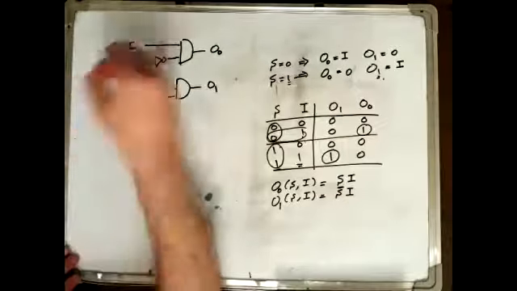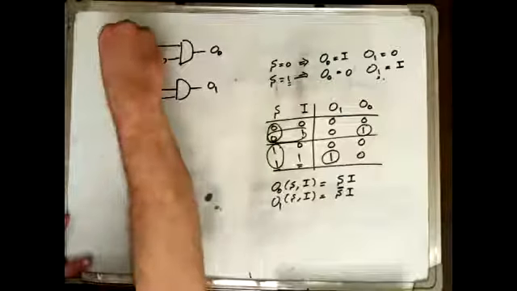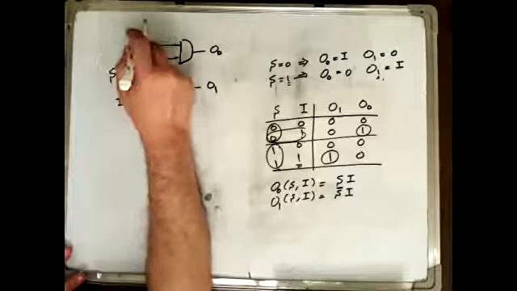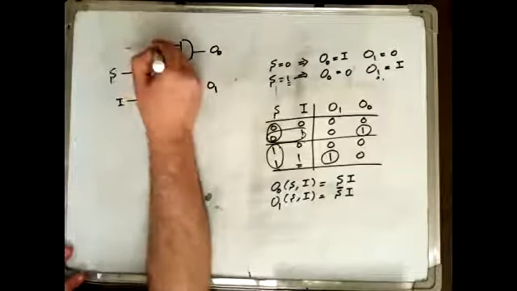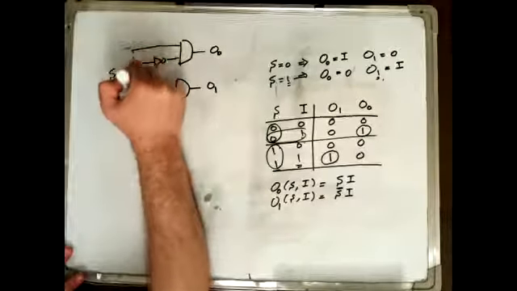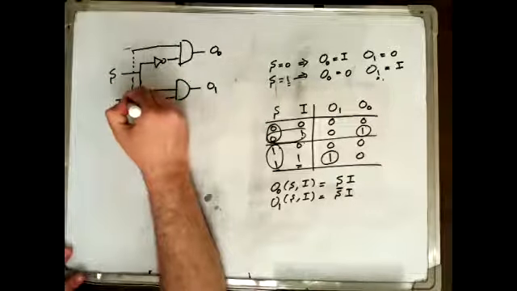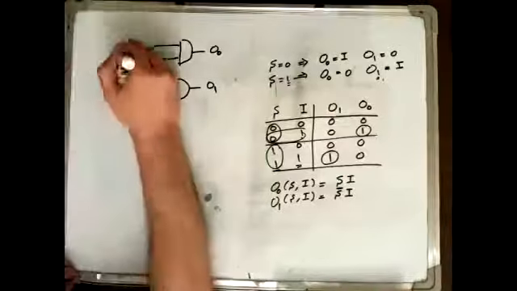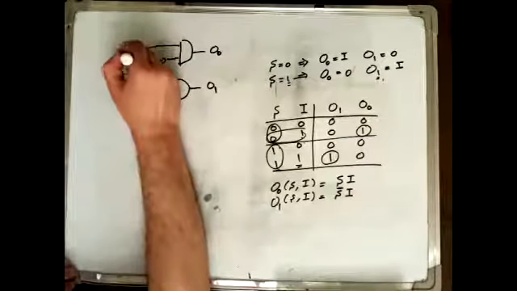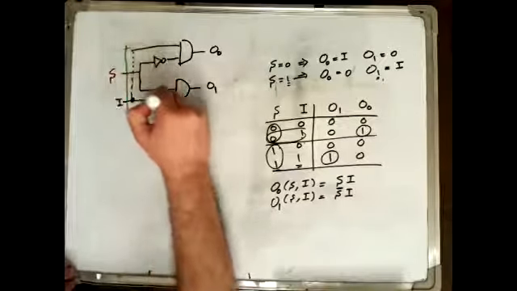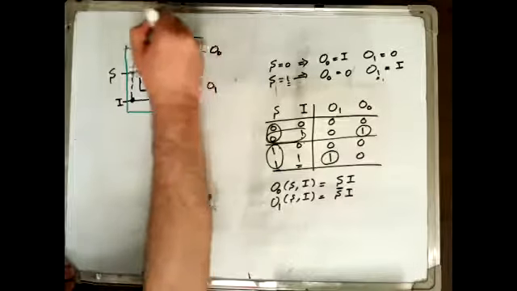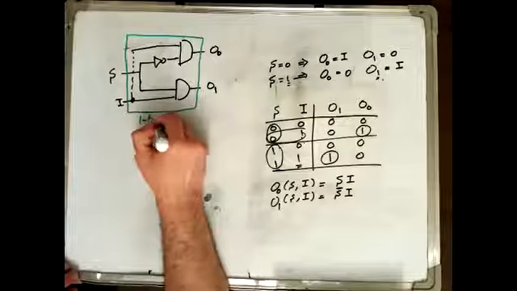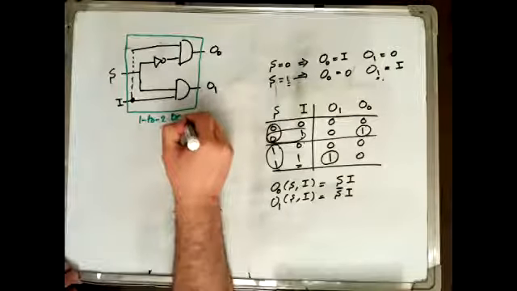So this is basically the logic circuit or the logic diagram of the 1 to 2 demultiplexer. So you can put it in a box like this. So this is the 1 to 2 Dmux.